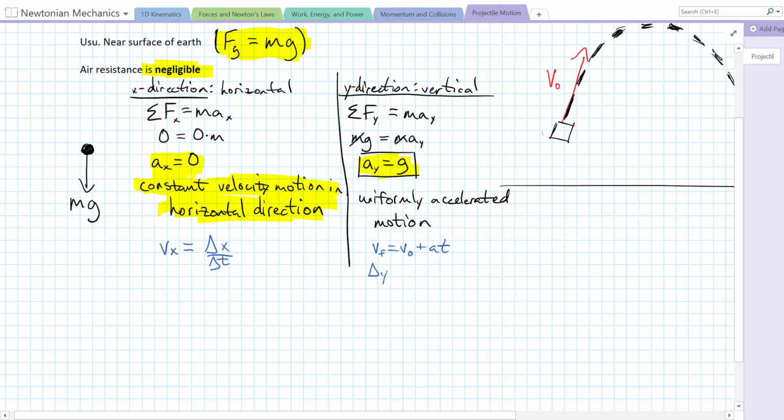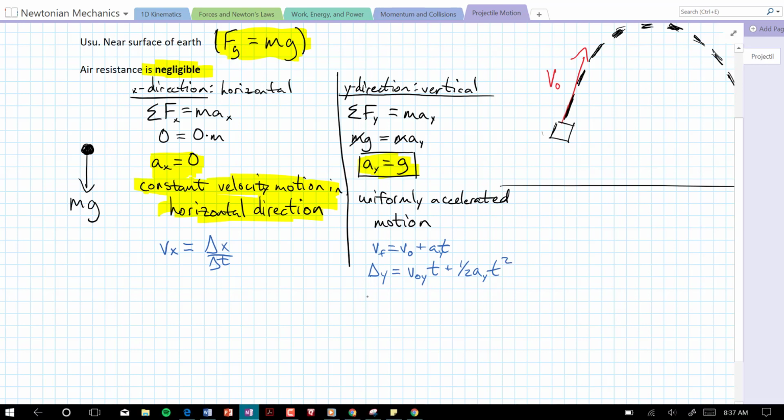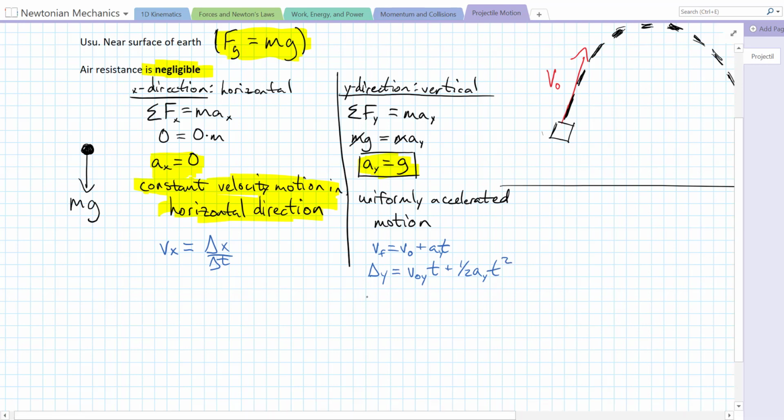We know that displacement in the y direction is going to be V naught y times t plus 1/2 acceleration in the y direction, t squared. And then our time-independent equation is V final y squared equals V initial y squared plus 2ay times delta y.